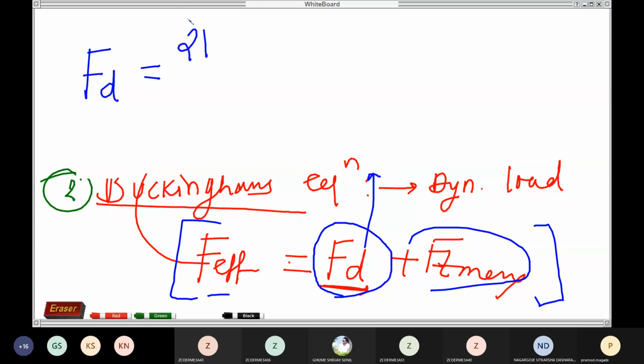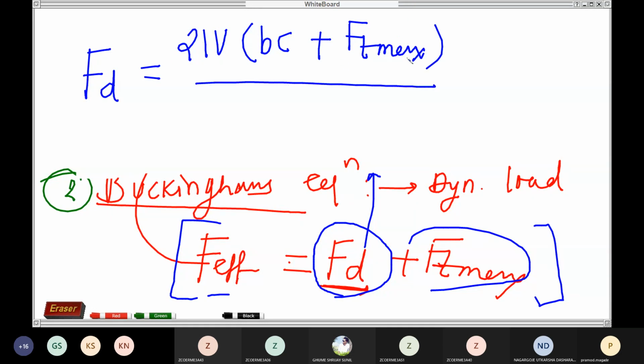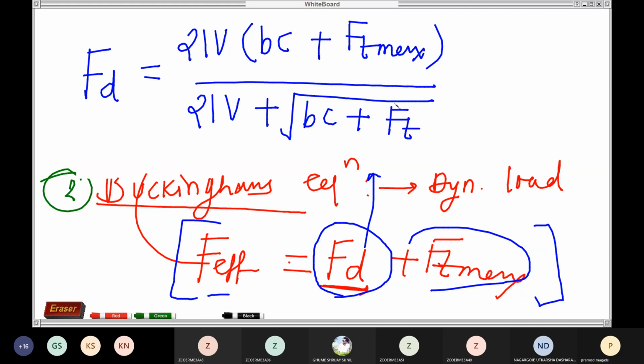I'll write here 21V, V is nothing but pitch line velocity, in bracket face width into deformation factor plus maximum tangential load occurring on a gear pair, divided by 21V same plus under root of same, BC plus FT max. So he has given this equation. He suggested that you can directly calculate the dynamic load analytically by this equation. So one by one we go through the terms included in this equation.